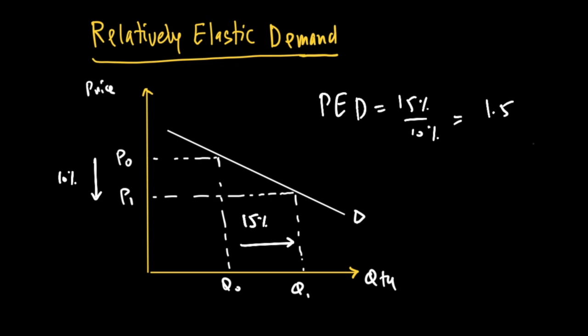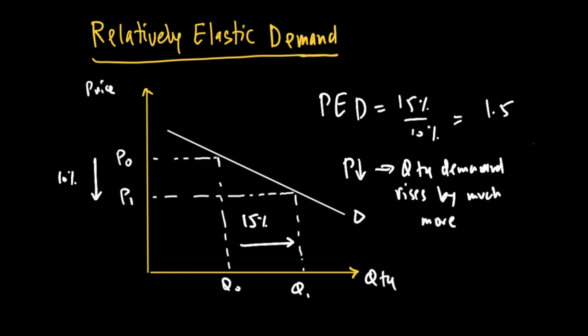What is important to see is this: when the price goes down, the quantity demanded goes up by much more. If the quantity demanded rises by much more and I lower my price, my total revenue will go up. Why? Because the change in price is smaller than the change in quantity. What I lose out in price, I can gain much more in quantity.